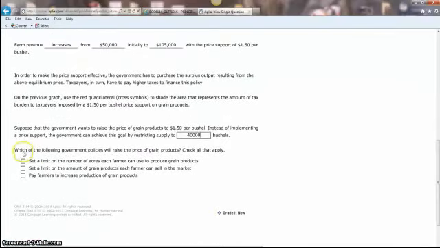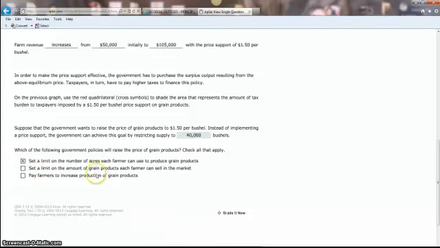Then it asks which of the following government policies would raise the price of grain products, in other words, shift the supply curve back and to the left. If you set a limit on the number of acres that each farmer can use to produce grain products, that will definitely shift the supply curve back to the left.